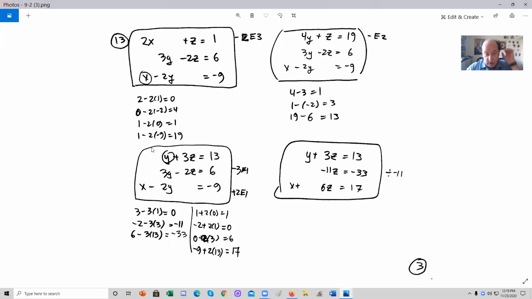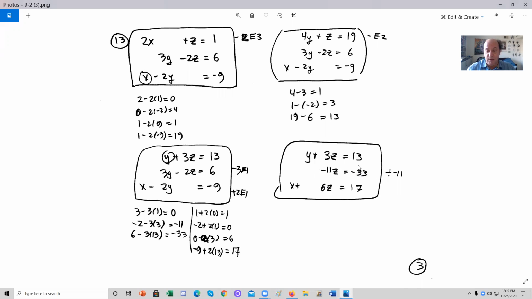Now we can use this pivot on this y to eliminate this 3y here by subtracting 3 of equation 1 from equation 2. And we can eliminate this minus 2y by adding twice equation 1 to equation 3. After the usual additions and combinations as noted here, this equation becomes minus 11z equals -33, and this one becomes x plus 6z equals 17.